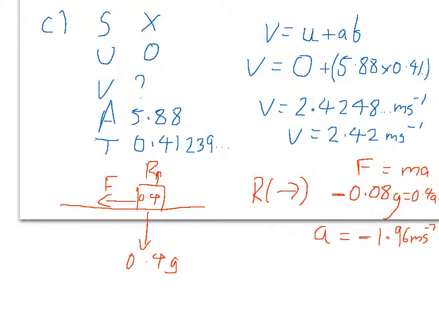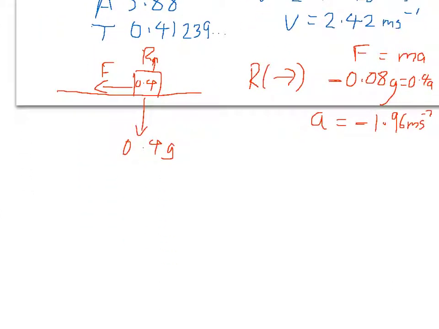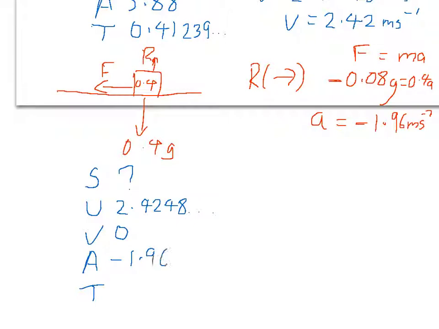We're doing SUVAT again, and we're trying to find the distance. We know the initial speed, which we found earlier was 2.4248. We know the final speed, when it stops, is 0, and we know it's decelerating at minus 1.96, and we know nothing about the time.